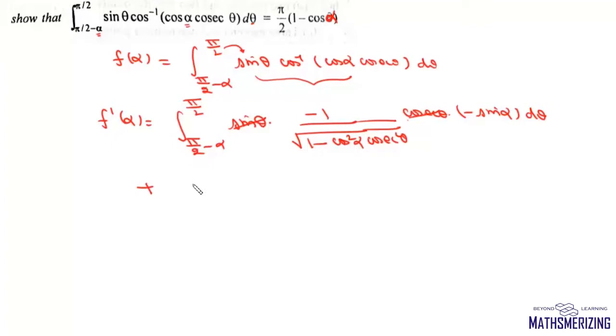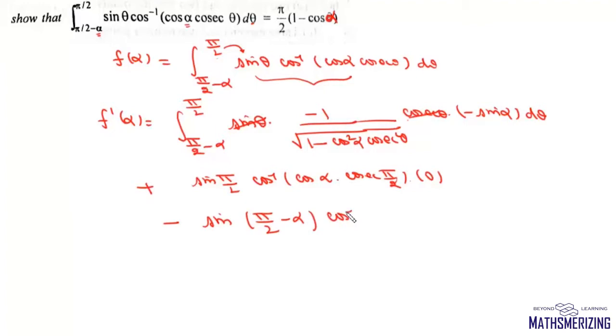So here it will be sin π/2 cos⁻¹(cos α) cosec π/2 into the derivative of the upper limit, and the derivative of the upper limit is 0 since this upper limit is constant, and then minus sin(π/2 − α) cos⁻¹(cos α) cosec(π/2 − α) into the derivative of the lower limit, and the derivative of the lower limit will be simply −1.